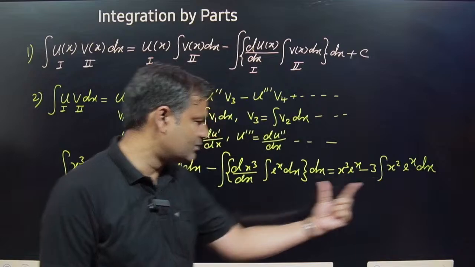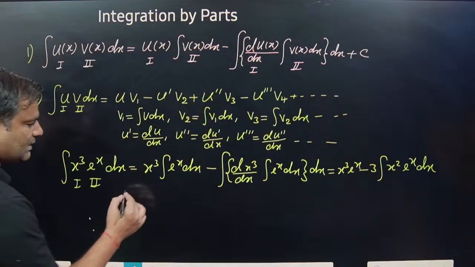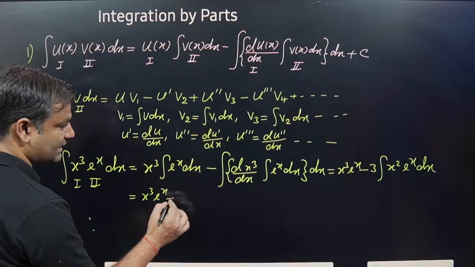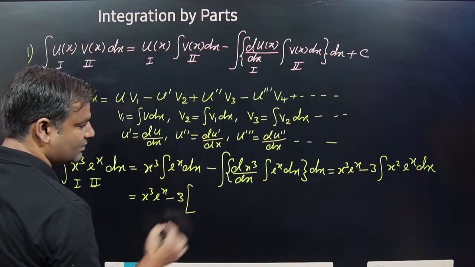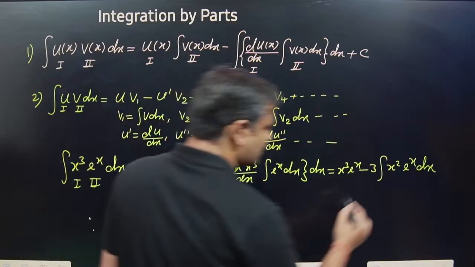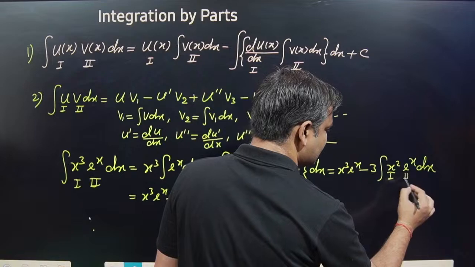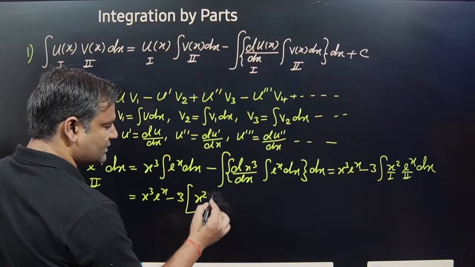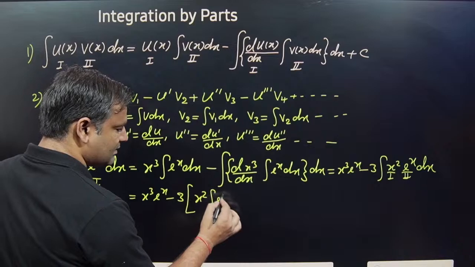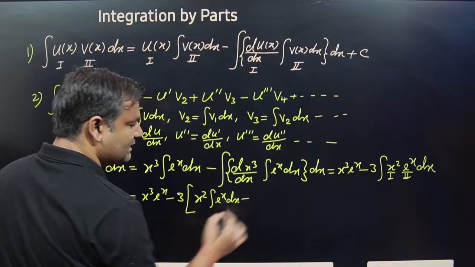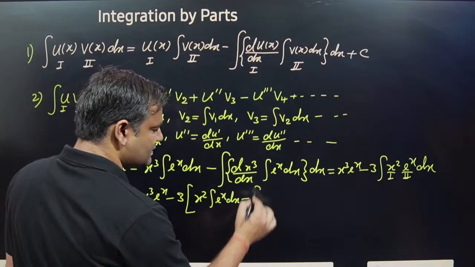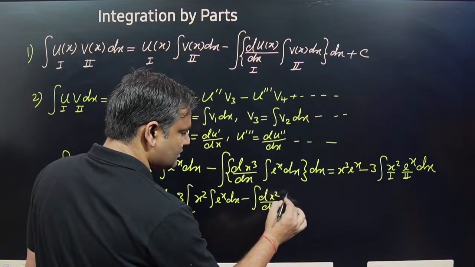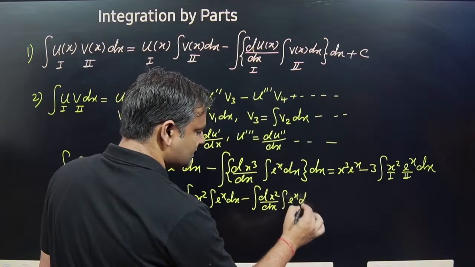After that, now put that value here: x cube into e to power x minus 3. Now this one is taken as the first function and this one as the second function. So first into integration of second, e to power x dx, minus differentiation of first into integration of e to power x dx.